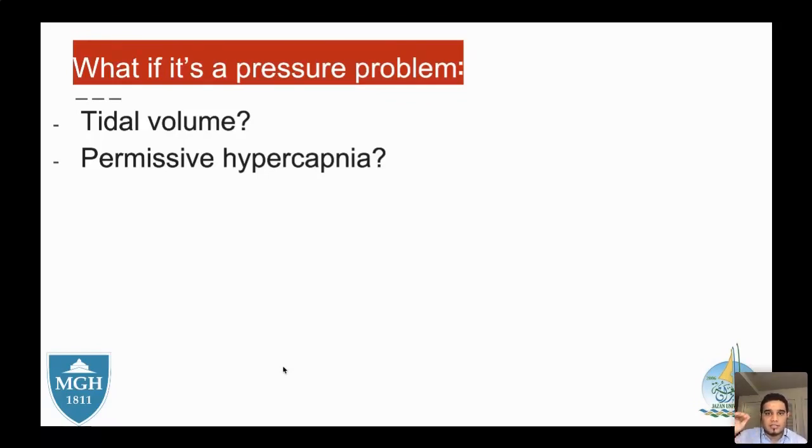So with a pH above 7.20, a PCO2 in the 60s, and a patient with no intracranial trauma or anything you're really worried about, where a high CO2 might vasodilate and increase a problem, and mostly these patients have a single organ problem, respiratory, like COVID patients, you are okay and you should accept that permissive hypercapnia.